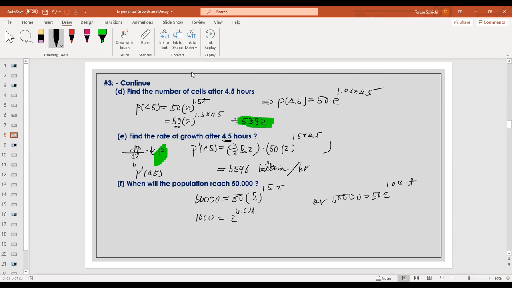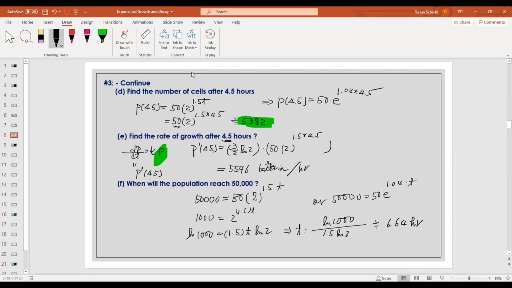Now you take the log of both sides. So this is natural log 1,000, which will be equal to 1.5t natural log 2. All right, so now t will just be equal to natural log 1,000 divided by 1.5 natural log 2, and you will get approximately 6.64 hours. That means about 6.6 hours, and the population will reach 50,000 here.